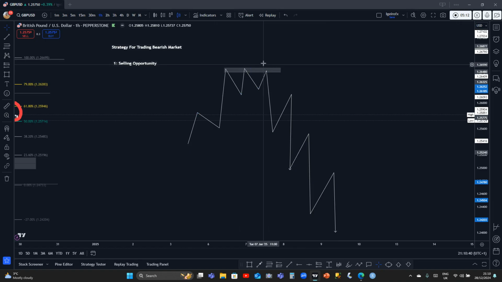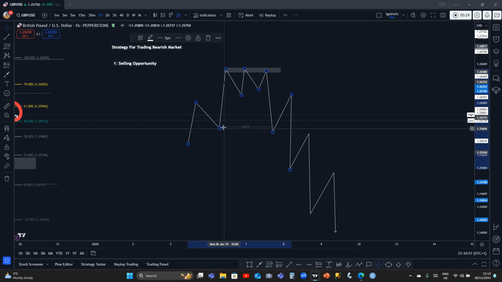So at this point, what happens? Once there's a change of character, a change of character happens here. Why do we say a change of character happened here? Because this was the last support level. Why is it the last support level?